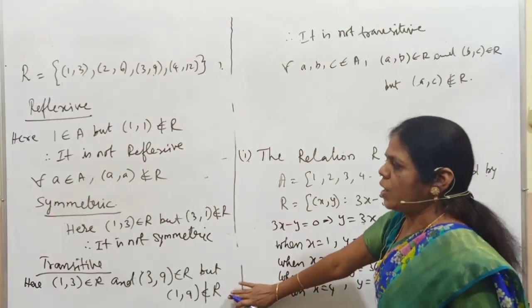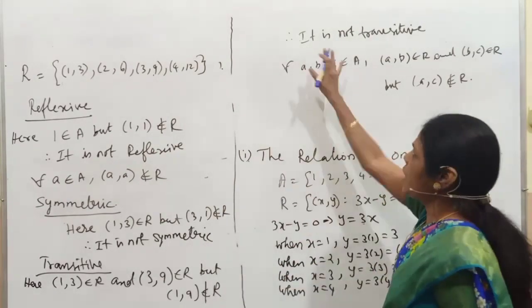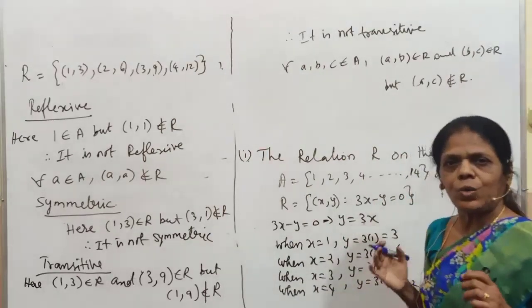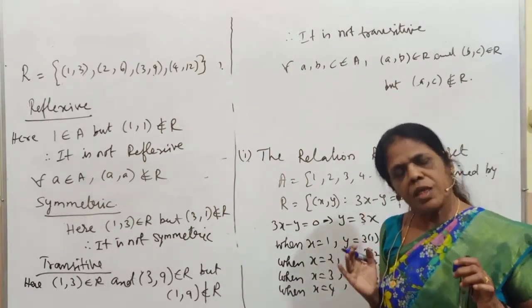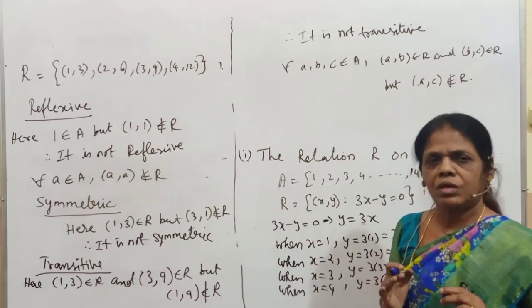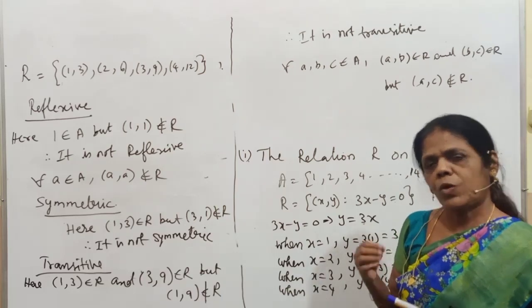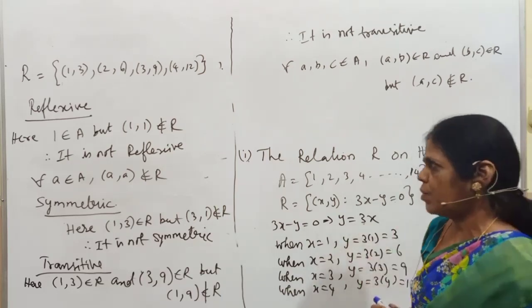As I told you already, to say that it is not true, one example is more than enough. Whenever you are saying it is true, you have to generalize it. Don't give any examples; after generalizing it, you can give 1 or 2 examples.